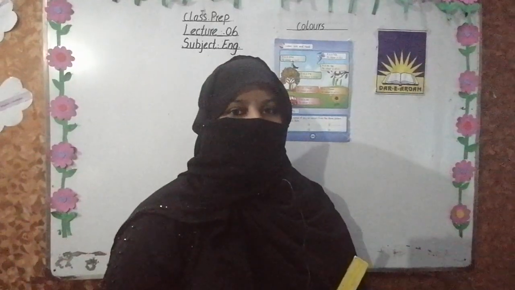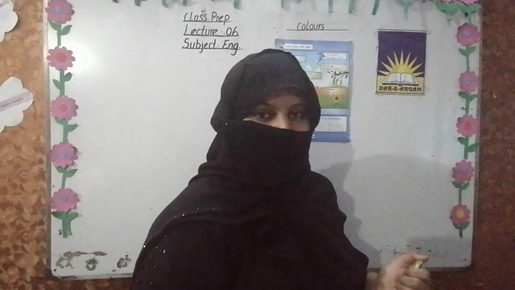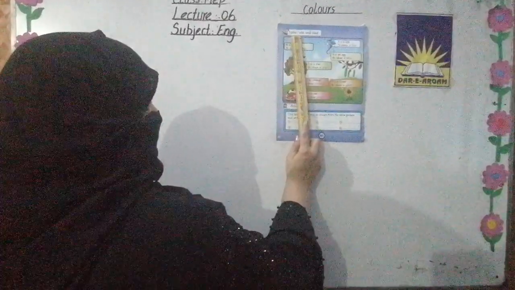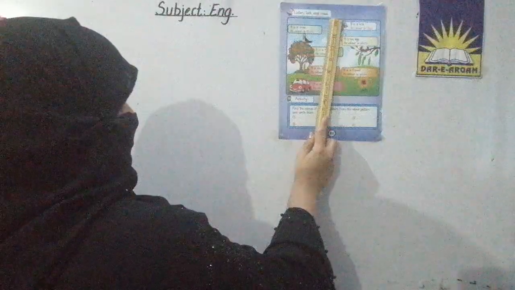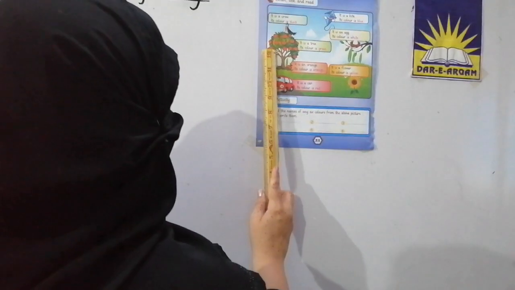Okay students, now turn your page to page number 21. The topic of this page is also colors. Are you ready? Good. Listen, look, and read. Look at the picture.